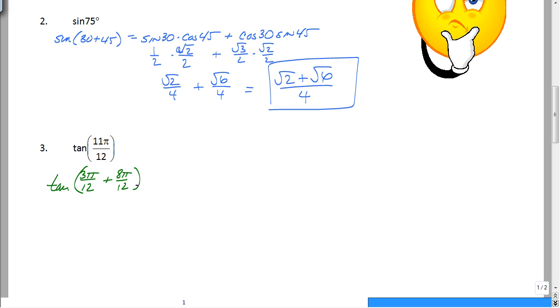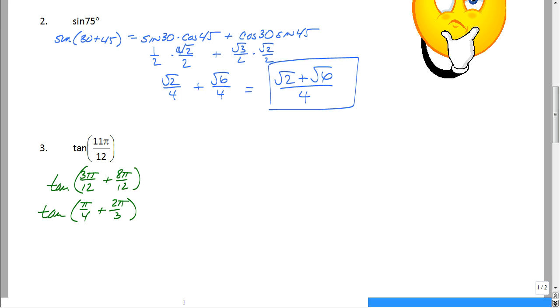And the reason why we picked those is because it does add to 11/12, but it will reduce to pi over 4 and 2 pi over 3. That's why we want to use 3 pi over 12 and 8 pi over 12, because we can use those.